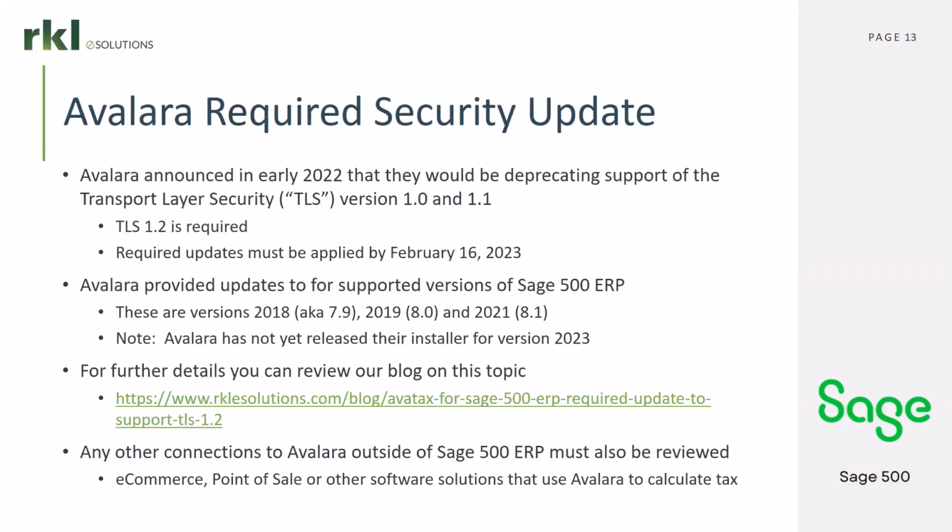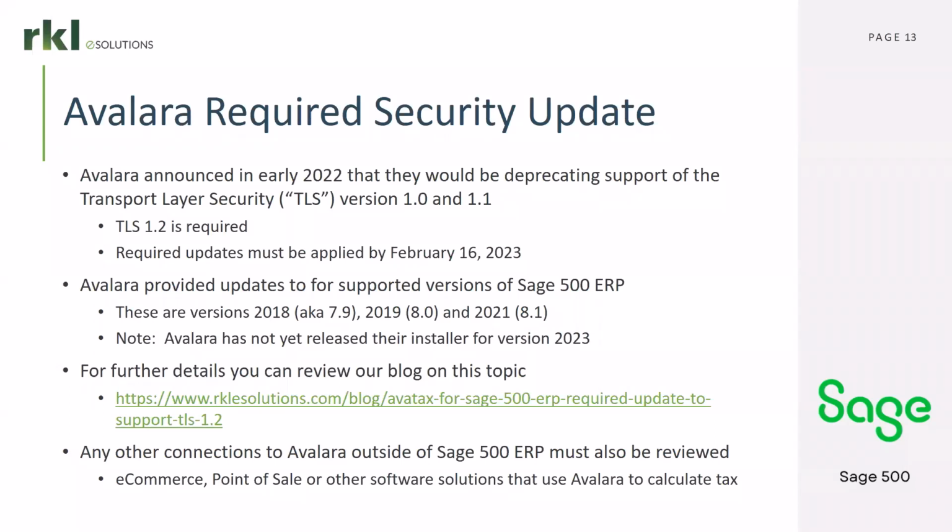All right, thanks, Chuck. So I'm going to talk through an update that Avalara made to their service, and they're working on rolling this out currently. So this definitely affects anybody that's utilizing Sage 500 for tax calculation.